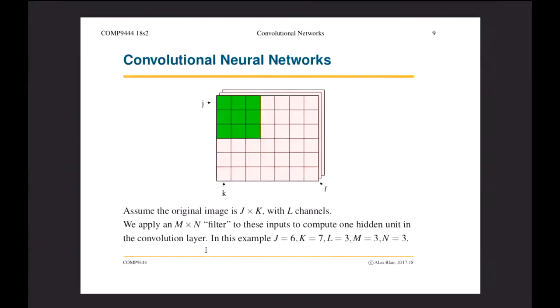Okay, so this is just a summary of the example we were just going through. If you have an original image that's J by K with L channels, and the filter is M by N. In this example, J is 6, K is 7, L is 3, and M and N are 3.